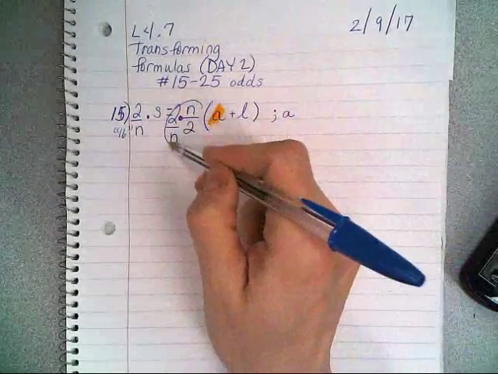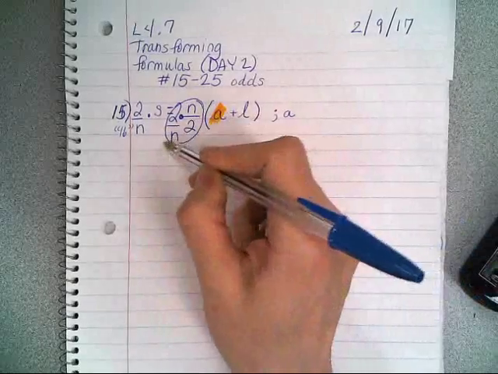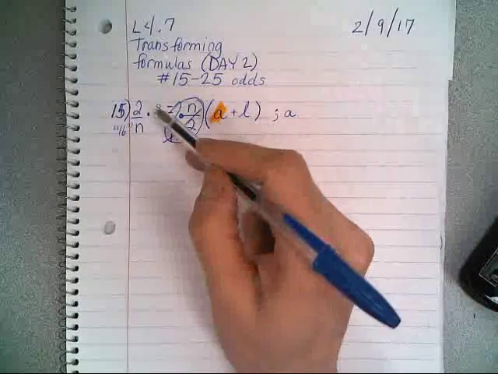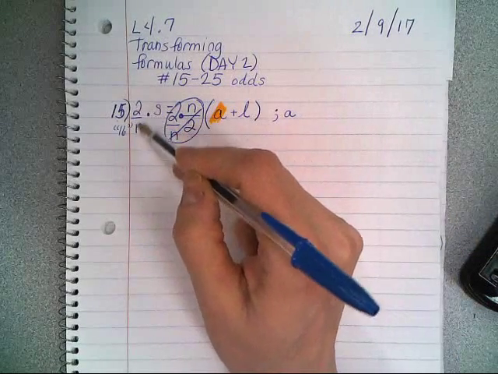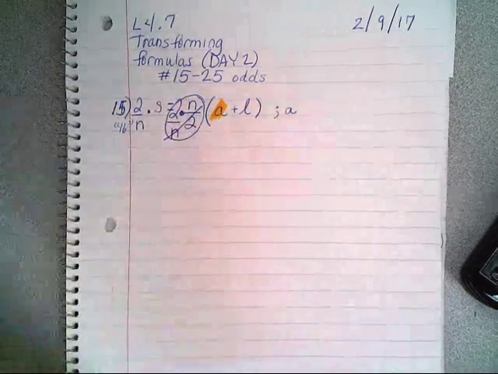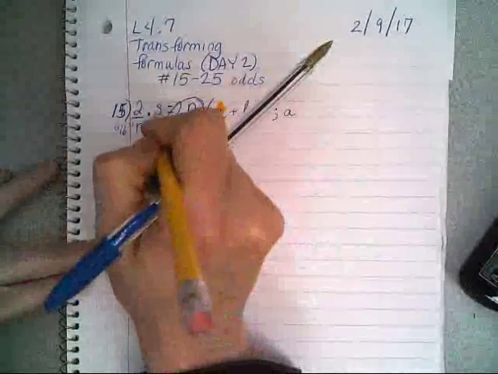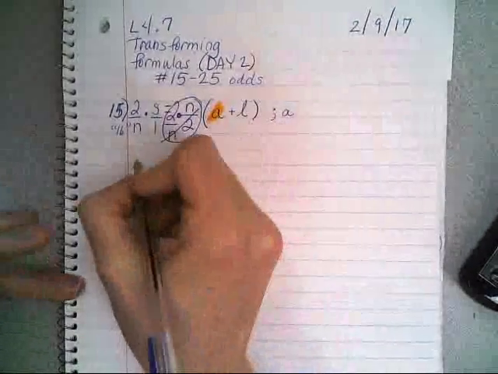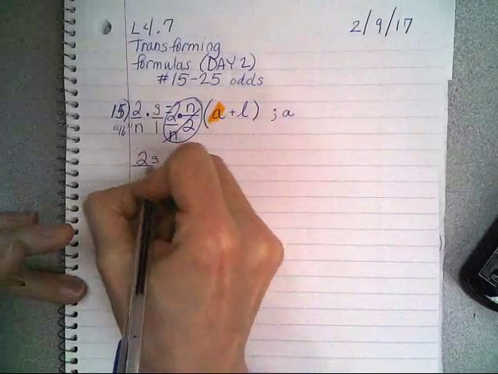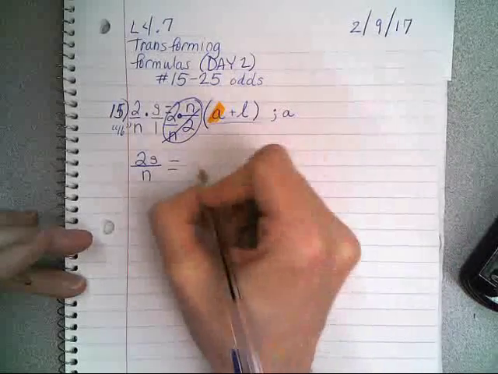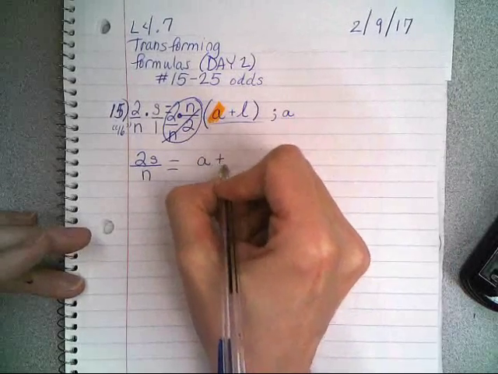Okay, so over here, it cancels out. What that leaves me over here, 2 over n multiplied by s, and you can think of that as s over 1, is equal to 2s divided by n equals what's left, a plus l.